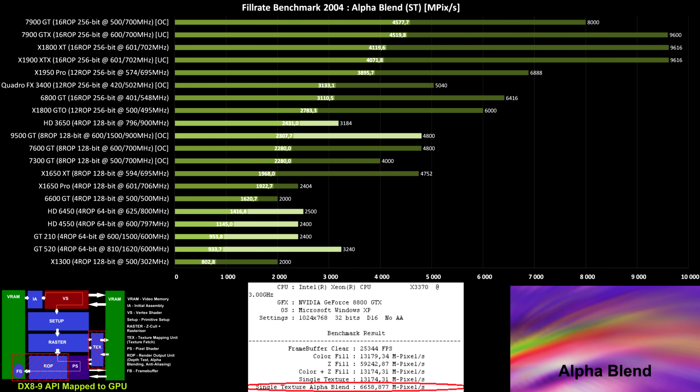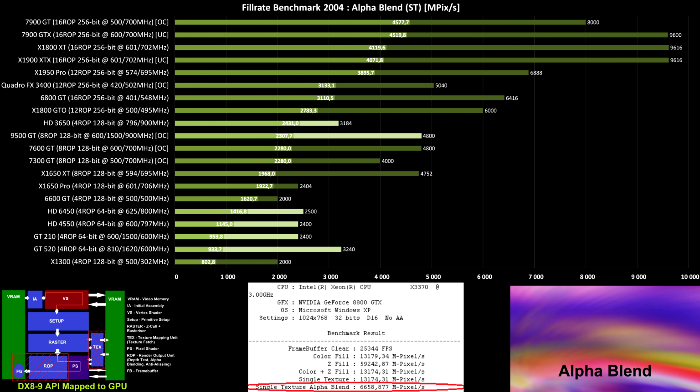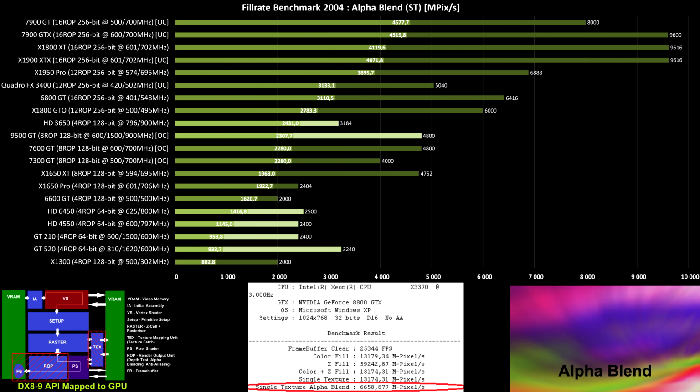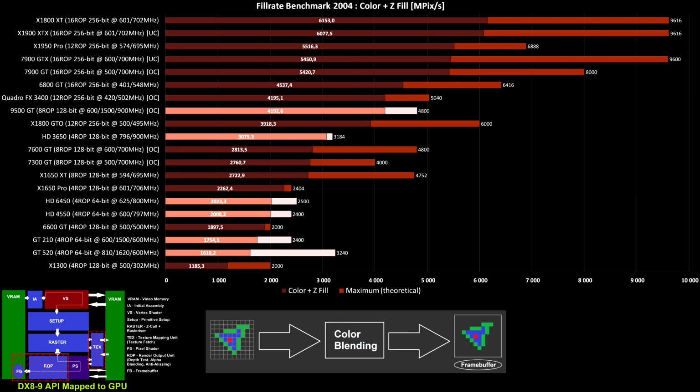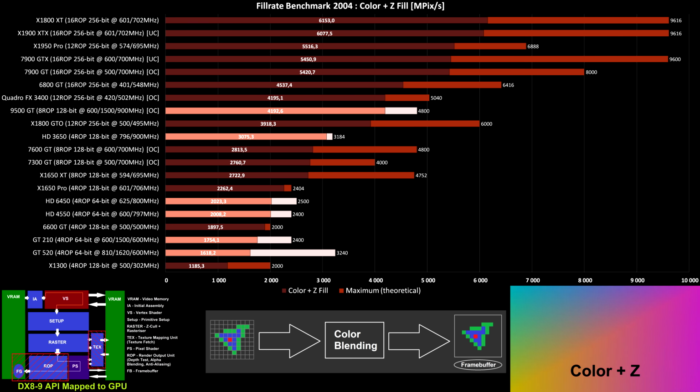It's also one of the most expensive single operations of its kind a GPU's ROP does. Having enough bandwidth to feed data into ROPs is crucial. Second chart is color plus Z fill rate, or calculating color of pixels alongside discarding those that are behind others.